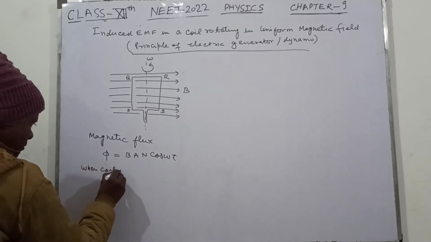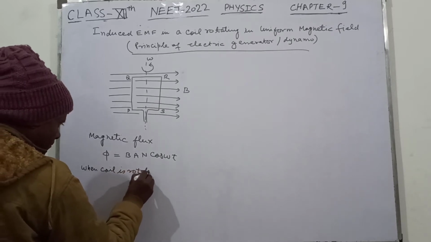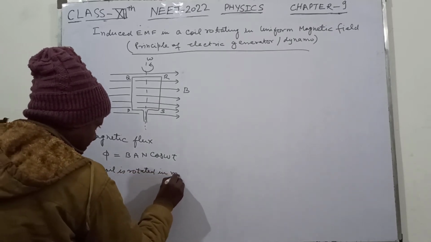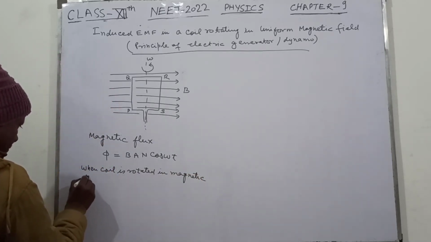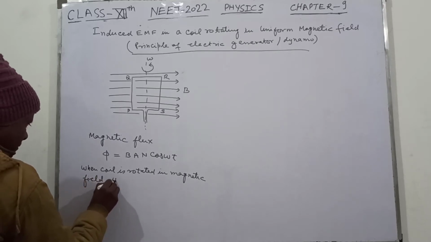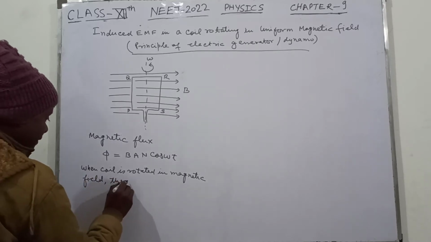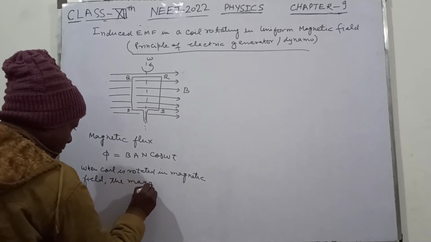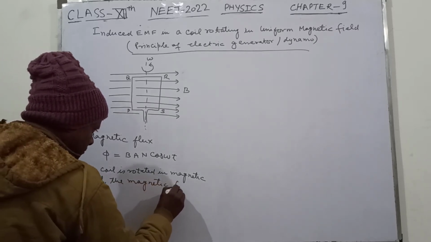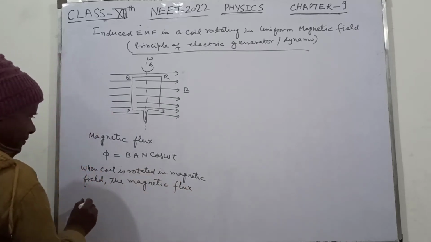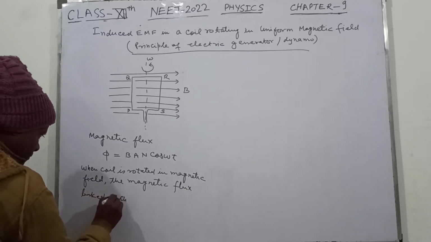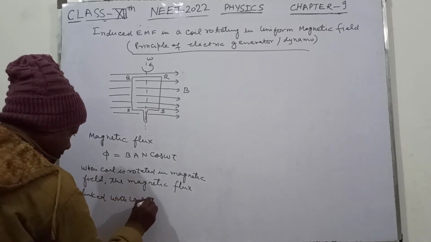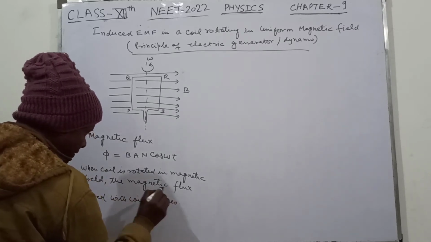When the coil is rotated in the magnetic field, the magnetic flux linked with the coil changes.